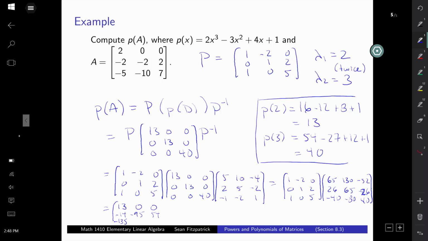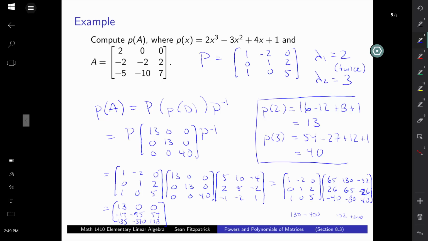Oh geez, the next one's going to be ridiculous. 130 minus 400, okay, minus 370. And then finally minus 52 plus 200, that's 148. Okay, that's not so bad.